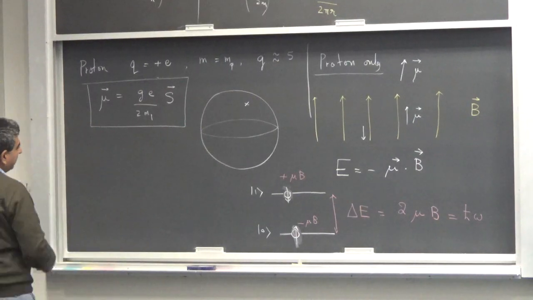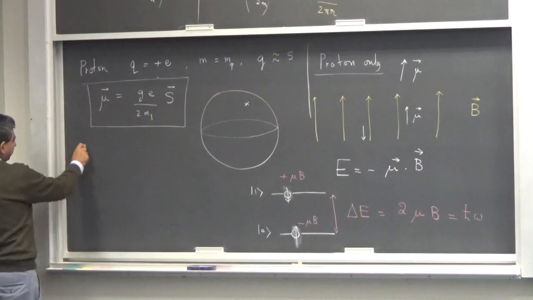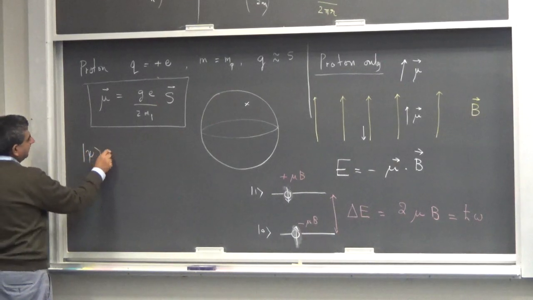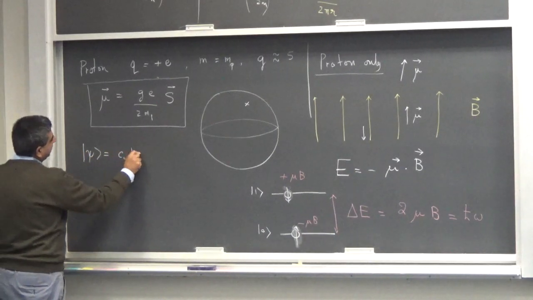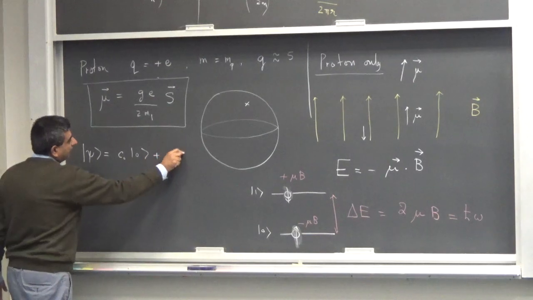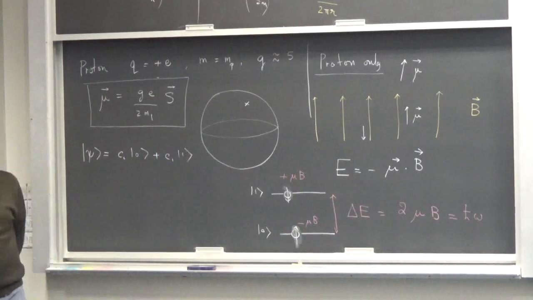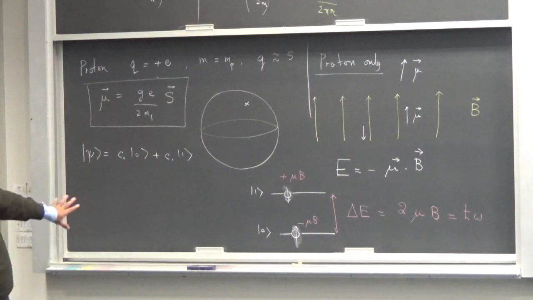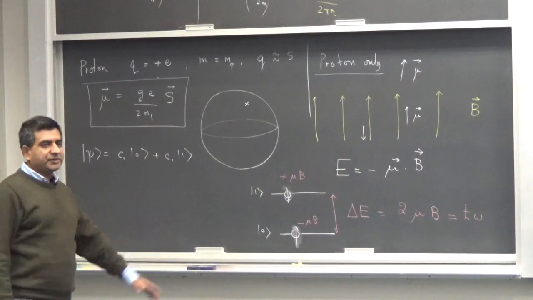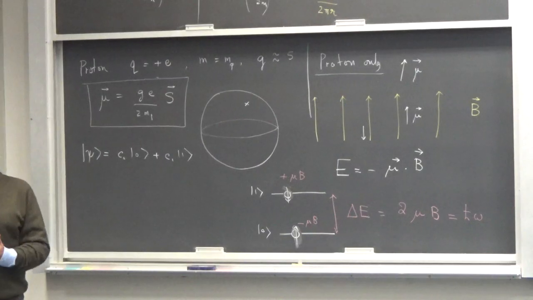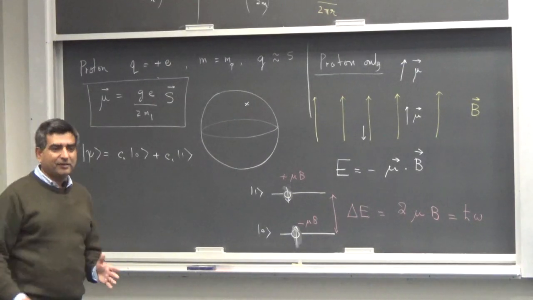So we could also have arbitrary states. We could have this state, psi equals anything, C naught ket 0 plus C one ket 1, and so on. So now we have another physical example of a quantum state. Our relevant degree of freedom that we're talking about here is the spin of a proton.